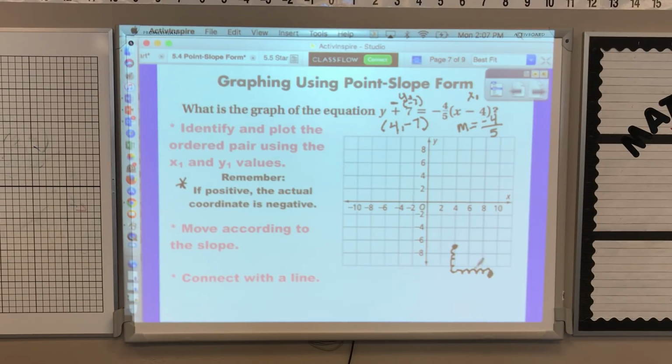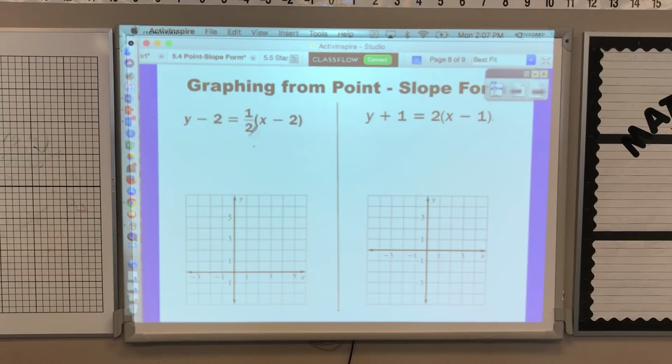And there would be my next dot. And the last thing, connect them with a line. And again, unless it's a word problem, that line should have arrows at both ends. Okay, so to graph from point slope form, you first plot your ordered pair the equation provides you with, and then move according to the slope.